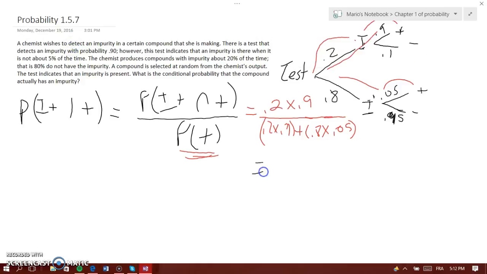Let me do it quickly. So 0.2 times 0.9 plus 0.8 times 0.05.